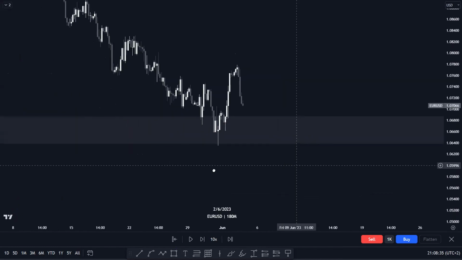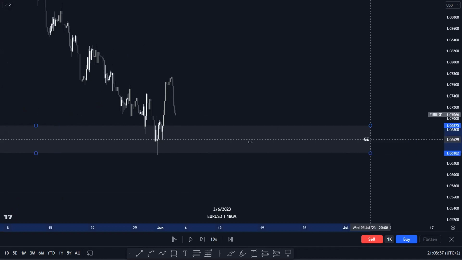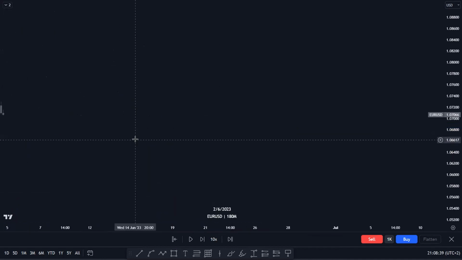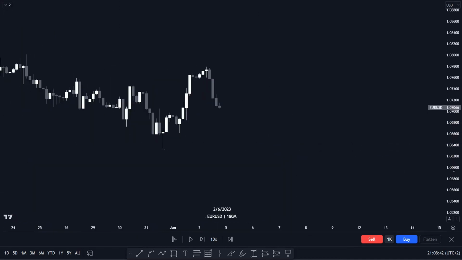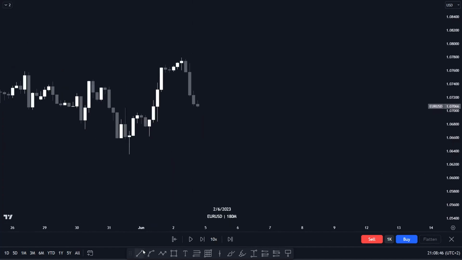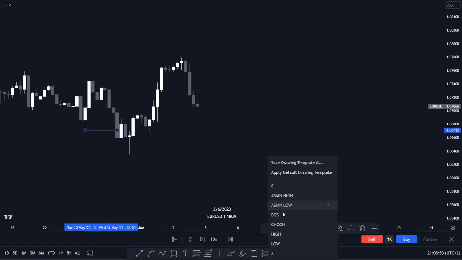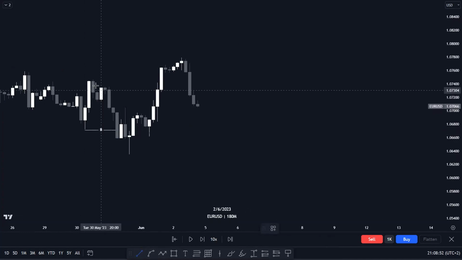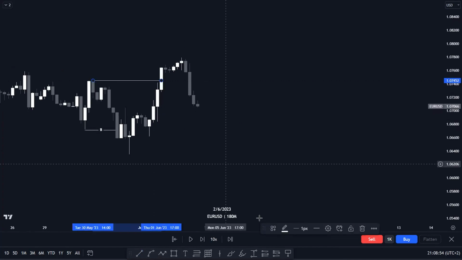So let me just take this to the left. As you can see there, within our golden zone entry, we have this break of structure here, and we have our change of character here.